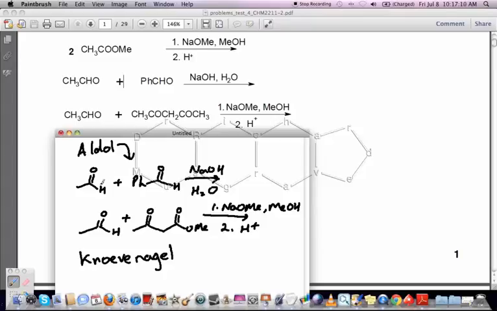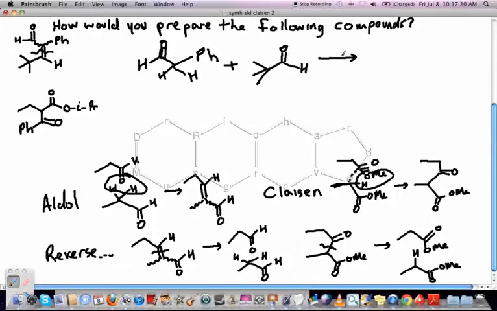And the aldol, each one has just one C double bond O, and these are the conditions we'll use for a standard aldol. So that's the one we're going to choose, the standard aldol, which is NaOH and H2O. Alright, so that completes that first one.